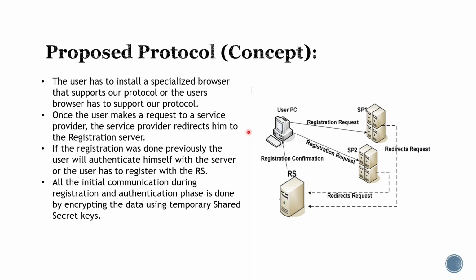The registration server registers him or authenticates him and provides access tokens. And using these tokens, he accesses the data that he wants to access on the service provider. Now, all the initial communication and all this authentication or registration phase happens in a secure channel using shared secret keys or symmetric cryptography.